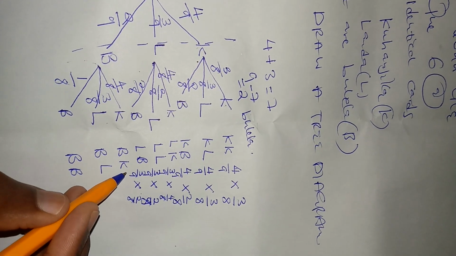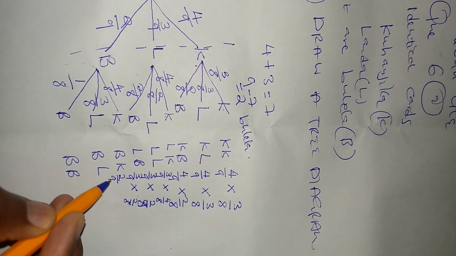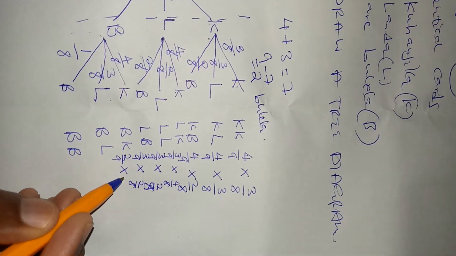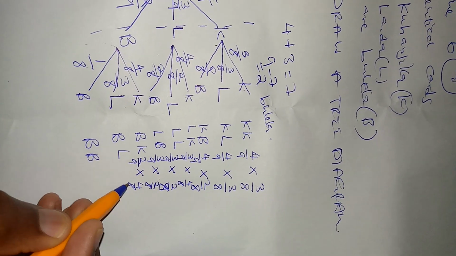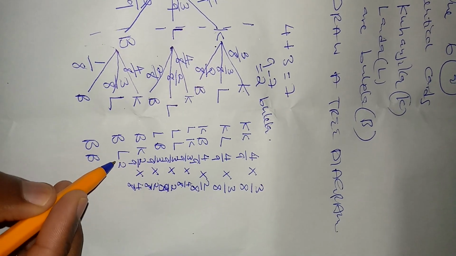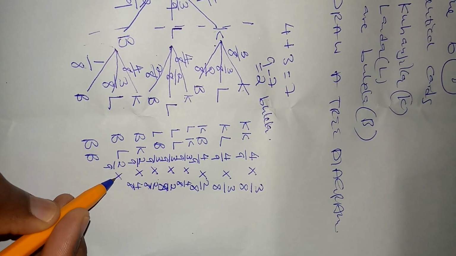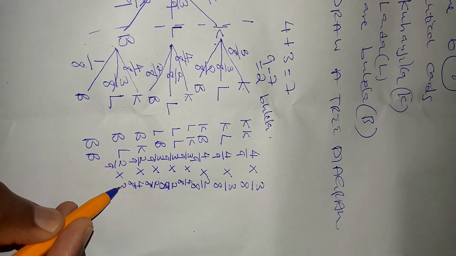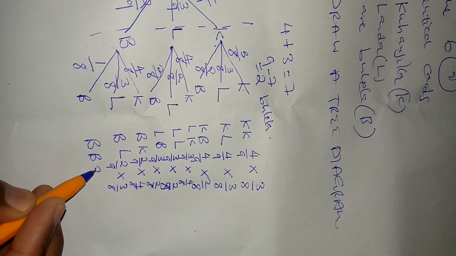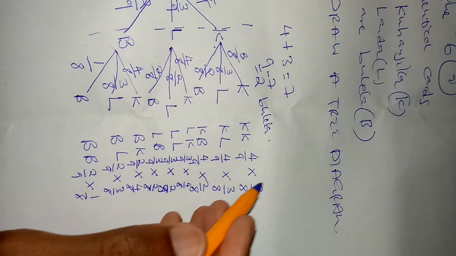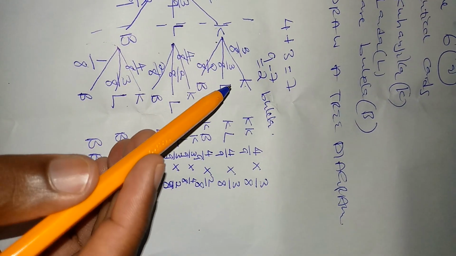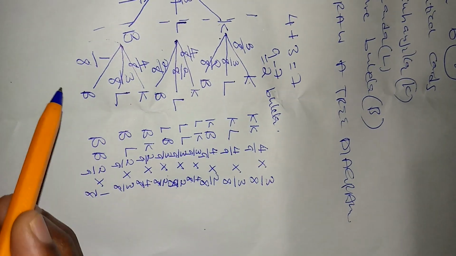Come to that one, we have 2 over 9 by K, which is 4 over 8. Then 2 over 9 by 3 over 8. Then 2 over 9 by 1 over 8. So these numbers inside are coming from this corresponding second selection.